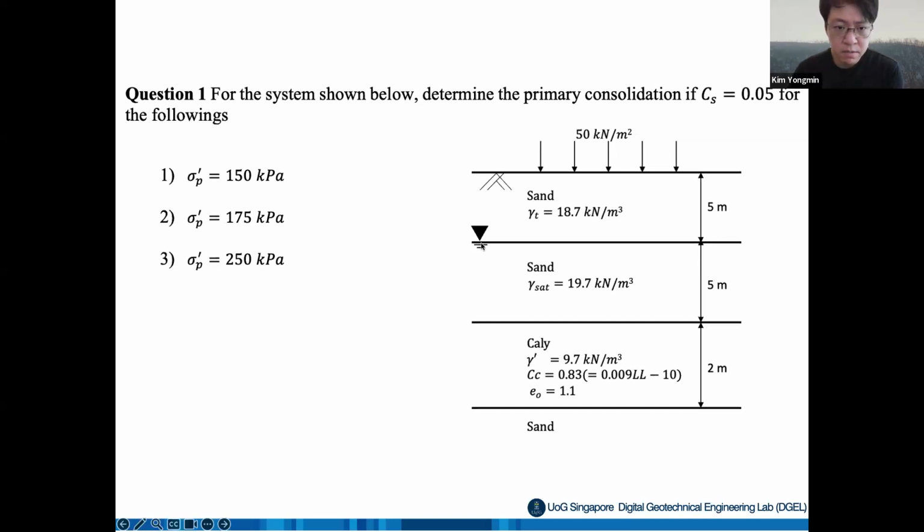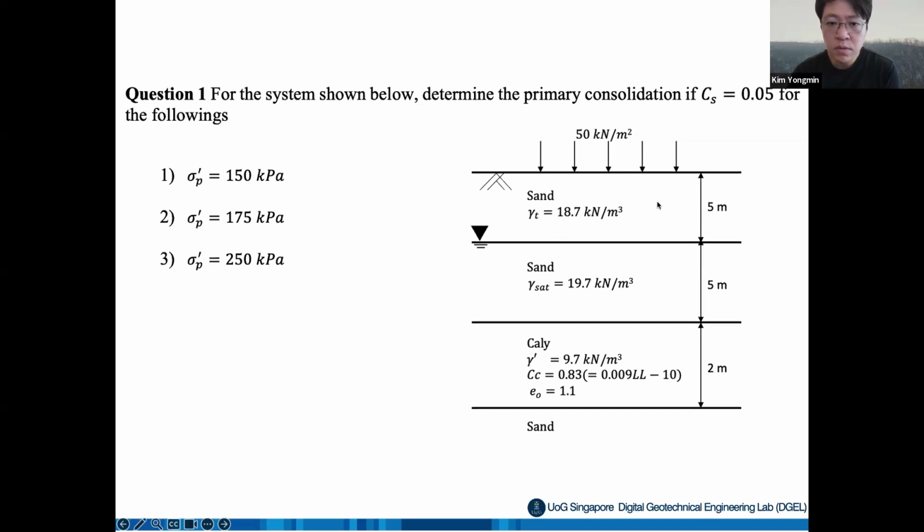The water table is here. So this sand layer uses total density. Yes, it is correct. Technically, the sand layer is not in dry condition because of capillary rise, water comes up a bit. That's why we indicate total density.